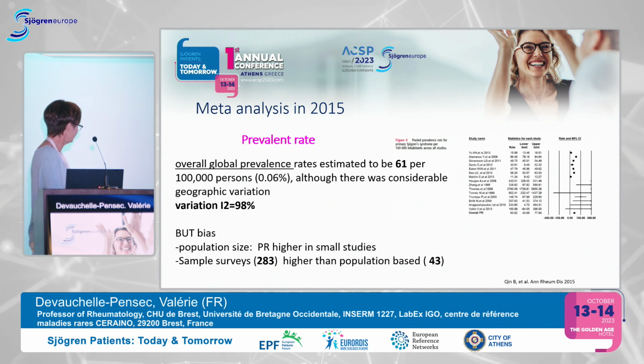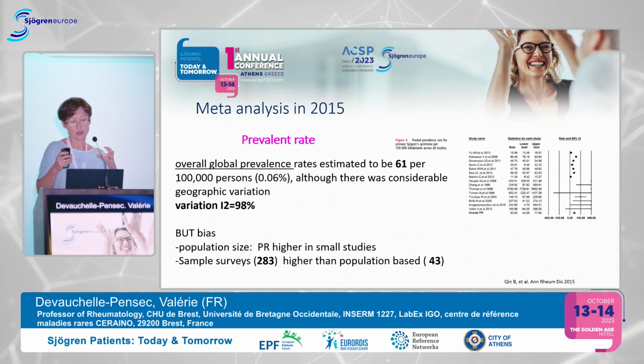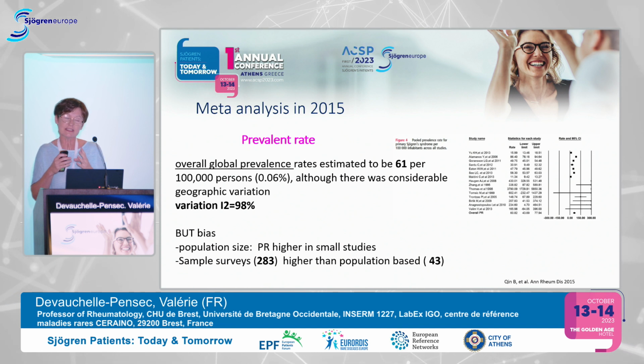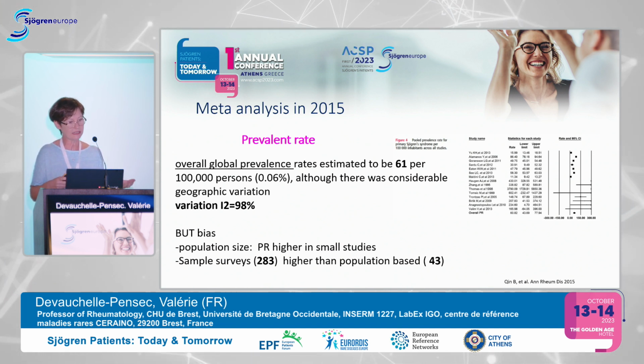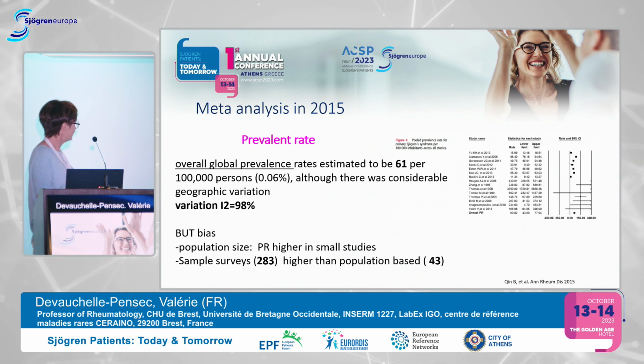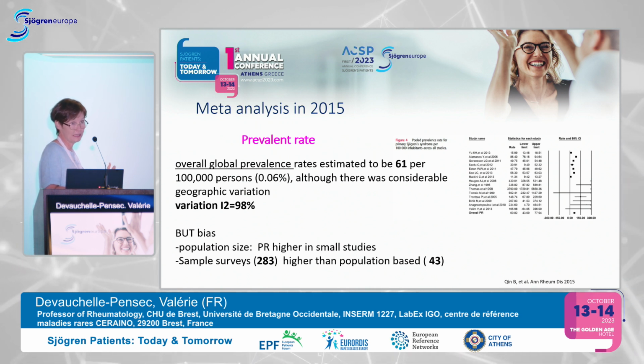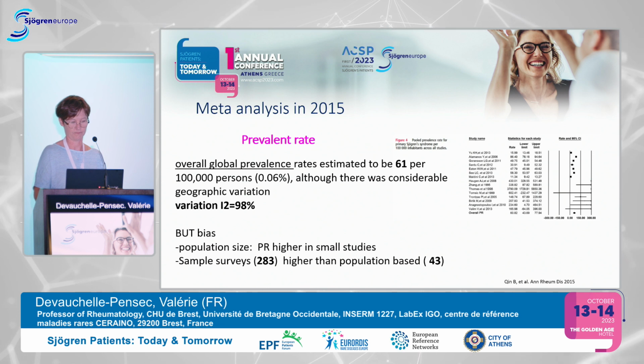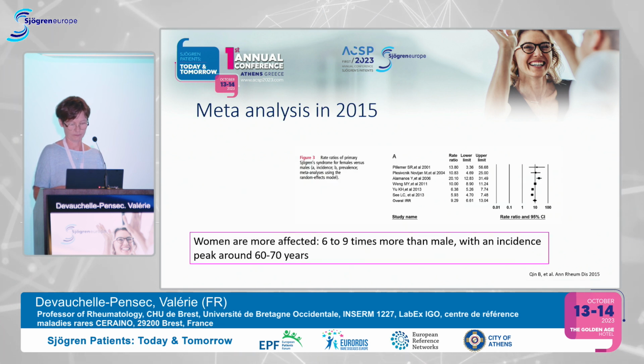And it was the same for population size. When they only consider really small sizes, the number was really elevated. So when they eliminate the bias, the prevalence decreased below 60.